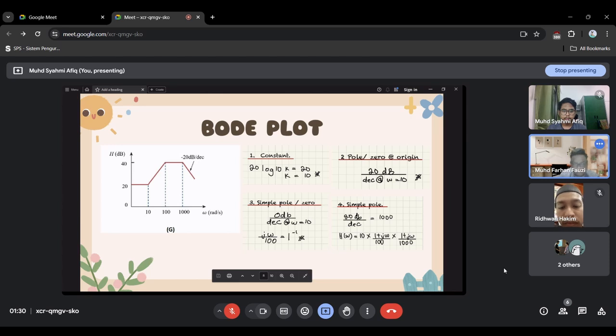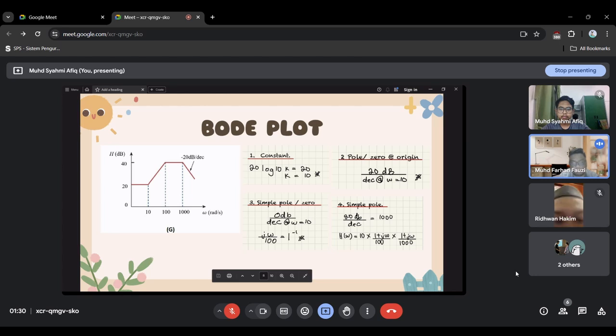Second is pole, 20 dB per decade, omega equals 10. Third is simple pole, 0 dB per decade, omega equals 10. j omega per 100 equals 1 negative 1.